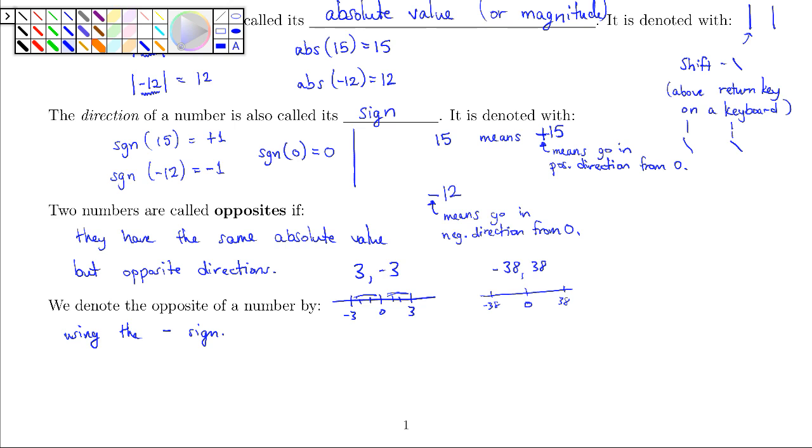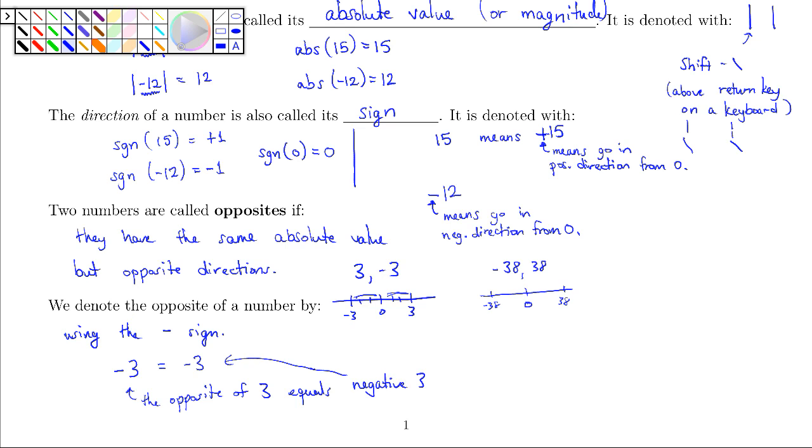So if I write the opposite of 3, what is the opposite of 3? Well, it's negative 3. Okay, and writing this down as it's written doesn't actually convey the meaning of what I actually said out loud. The opposite of 3 equals negative 3.